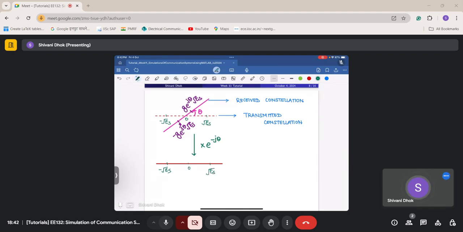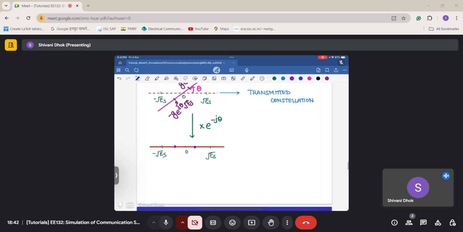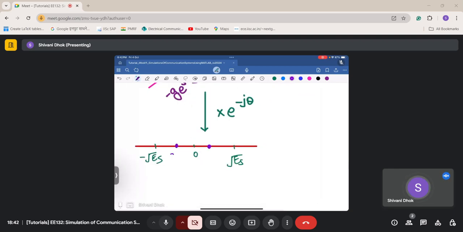Now what will I get? Instead of these, I will get these points. And what are these points? These are basically g into minus root Es, and g into root Es.